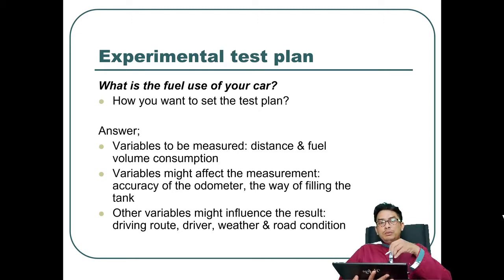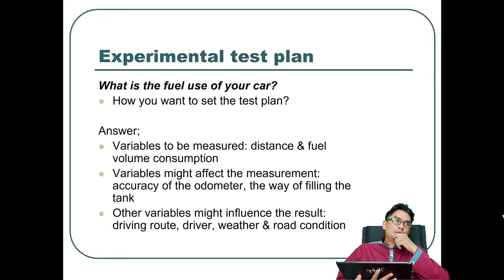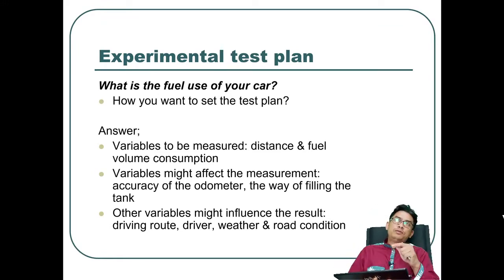Not only the activity, we have to think about what variables are involved during the experiment or measurement. We also need to find what parameters are important in the measurement, and the sources of extraneous variables, because noise and interference, we can see their effect after we see the measurement results. But before that, we can predict what extraneous variables might affect the measurement.